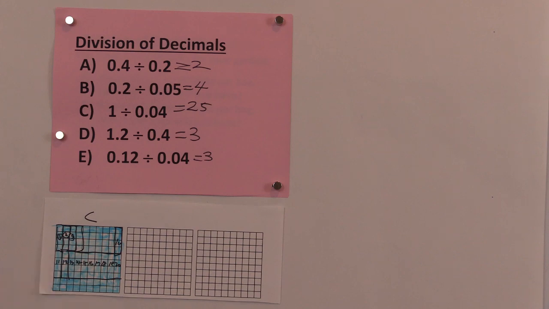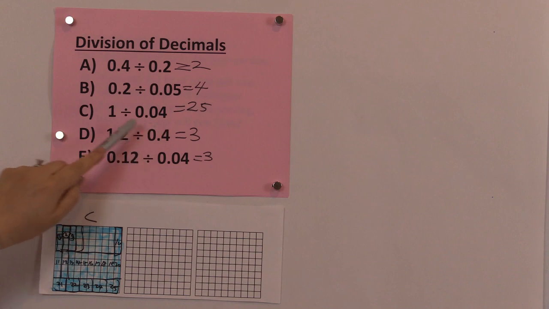And then I have another 4 hundredths here, 21, 22, 23, 24, 25. So my answer is 25 groups of 4 hundredths can fit into 1.